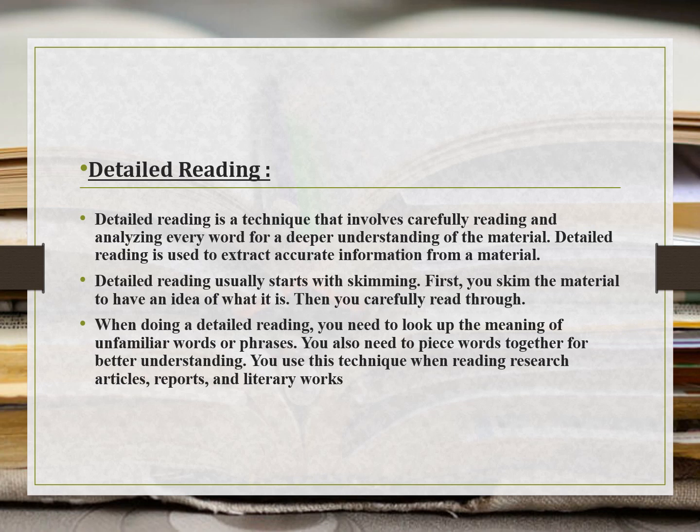When doing a detailed reading, you need to look up the meaning of unfamiliar words or phrases. You also need to piece words together for better understanding. You use this technique when reading research articles, reports, and literary works.